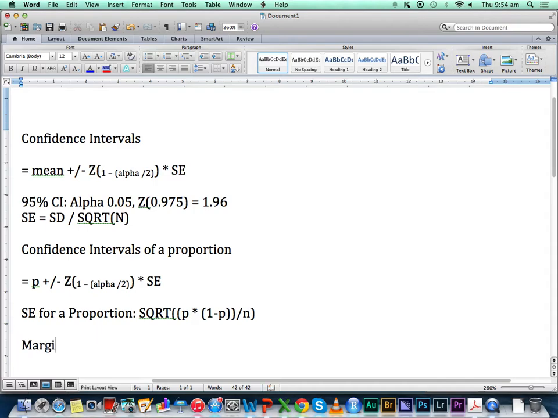Okay, the margin of error for a survey is the confidence interval when P is equal to 0.5.